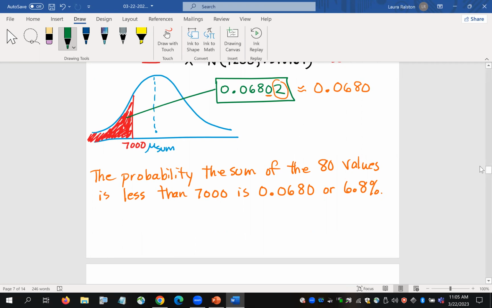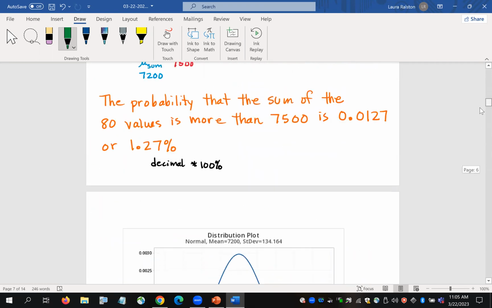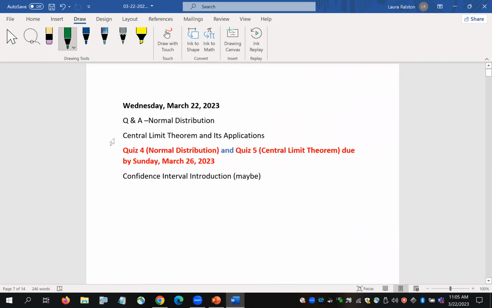Other questions? No more questions. Okay. So that finishes the central limit theorem. So quiz 4, which covers normal distribution outright, and quiz 5, which covers the central limit theorem, are due by Sunday.